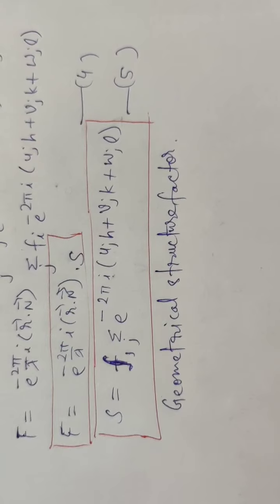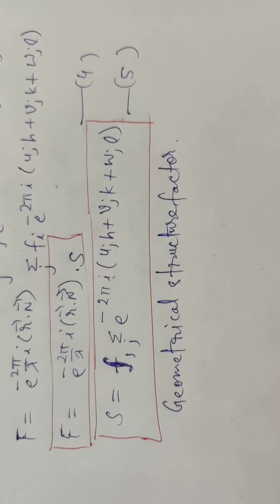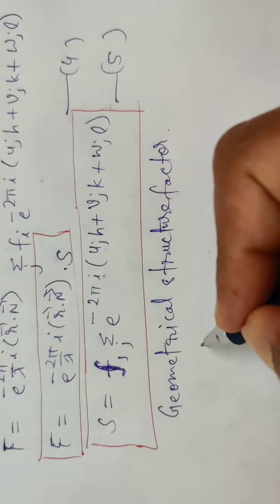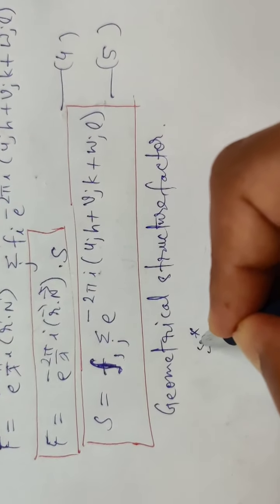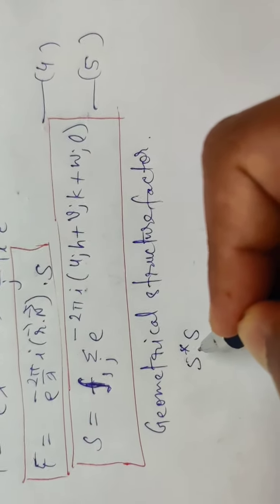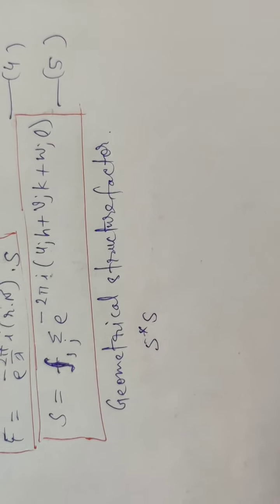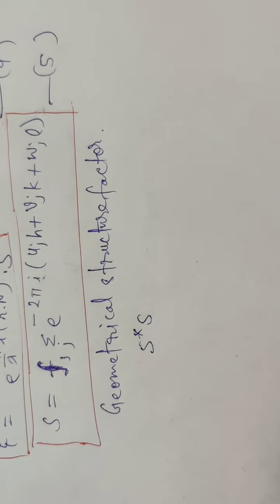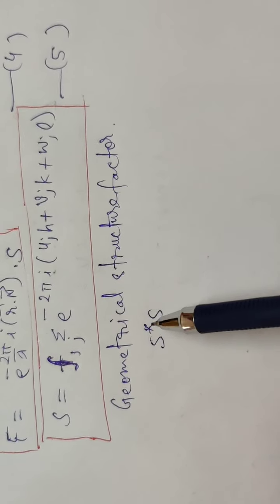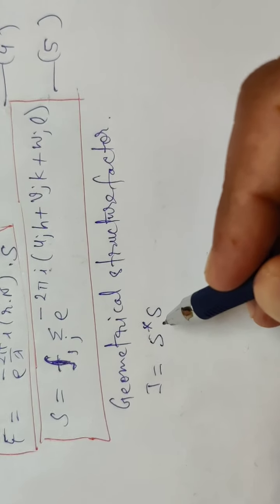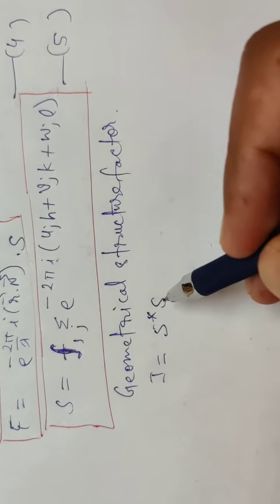Since the intensity involves the absolute value of S, S star dot S represents the intensity. Because this is amplitude, and intensity is the square of amplitude, this can be written as S star into S. This is the intensity, where S star is the complex conjugate of S.